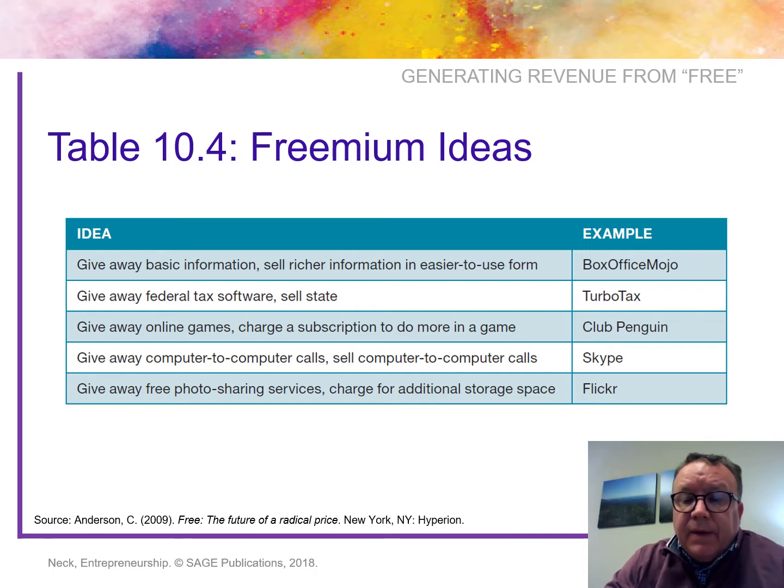Here's some freemium ideas, right? Looking at TurboTax, being able to give away the federal tax software, but let's sell the state piece. And typically, what are consumers going to do? They're going to do both. They're federal and state together in that regard.